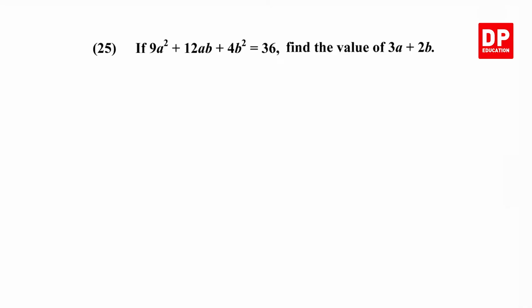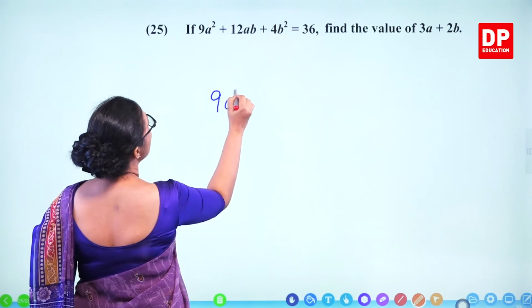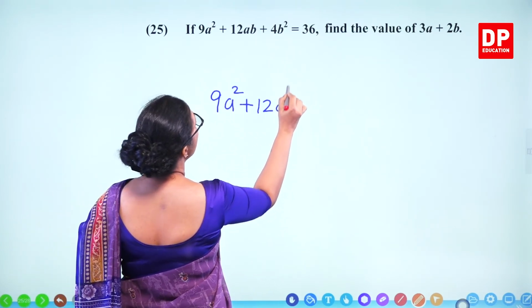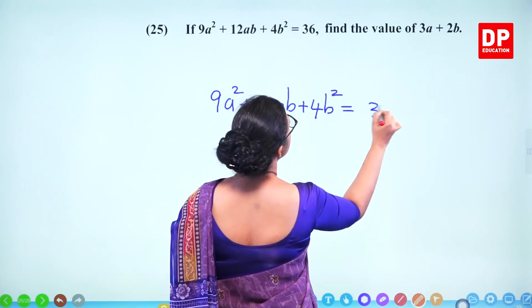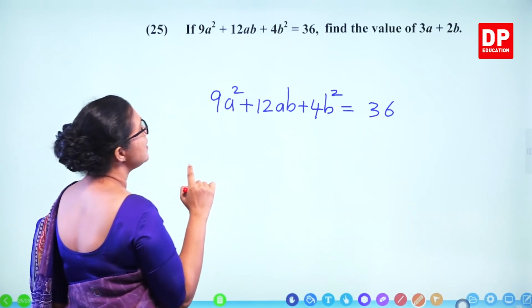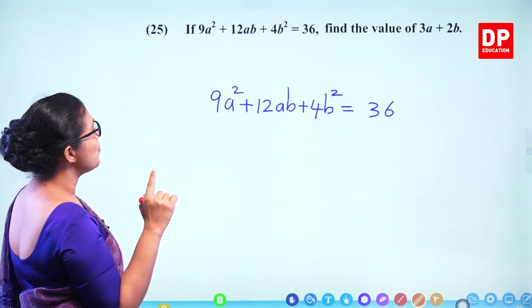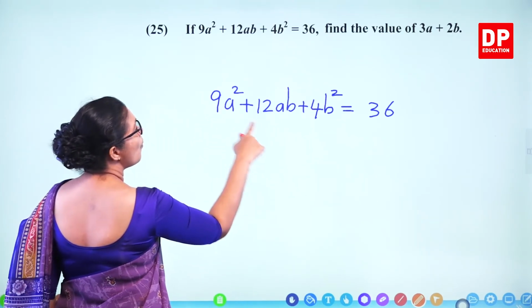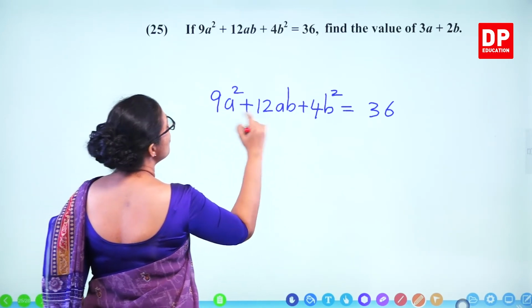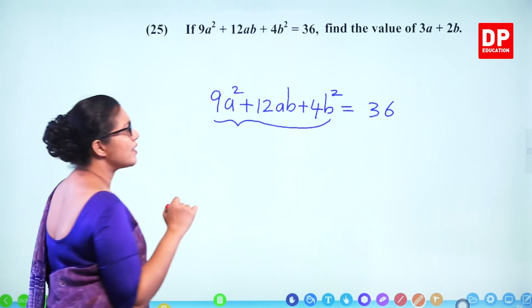Question number 25. This is your last question. 9a squared plus 12ab plus 4b squared is 36. You're asked to find the value of 3a plus 2b. When you take these 3 terms, what can you write them as?